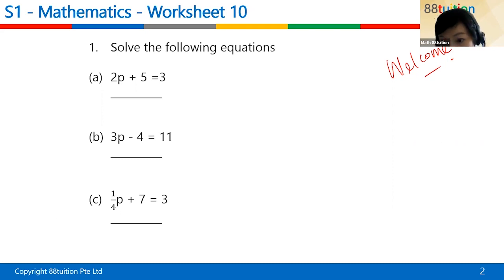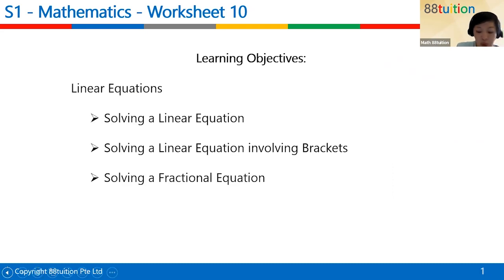Okay. I'm not too sure whether your school has already started on this topic called the linear equation, solving for the unknown. Basically our objective for today is solving an equation.